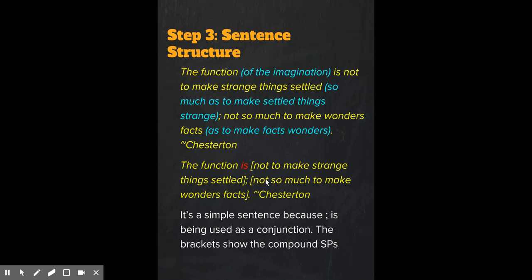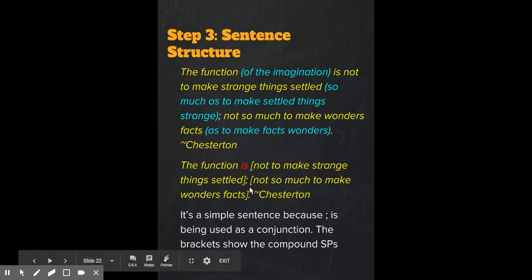It's a little confusing because it's not only functioning as a conjunction, but the point here is that it's a compound complement, right? Because it's the same meaning, really. Function equals not making strange things settled. Function also equals not so much to make wonders facts.